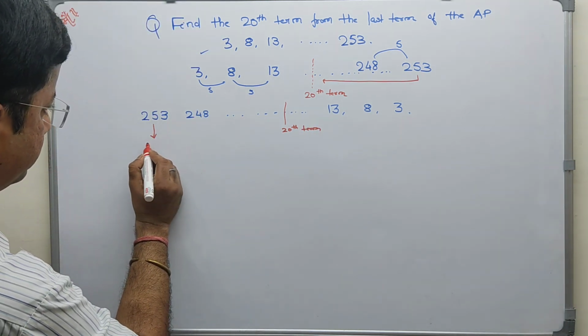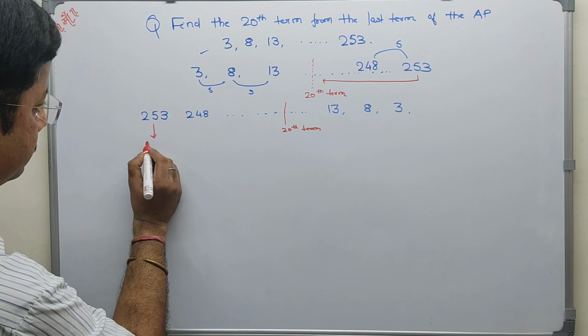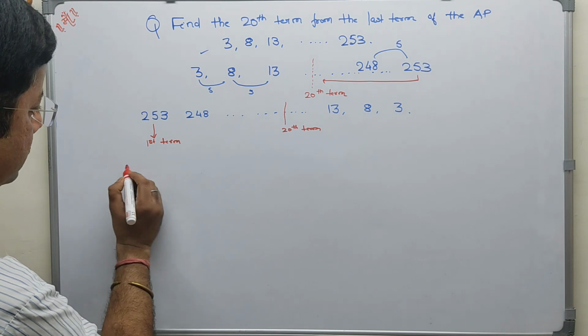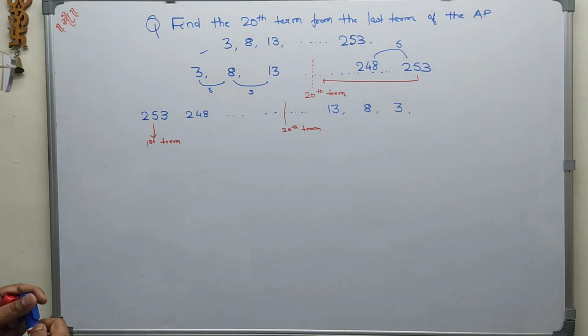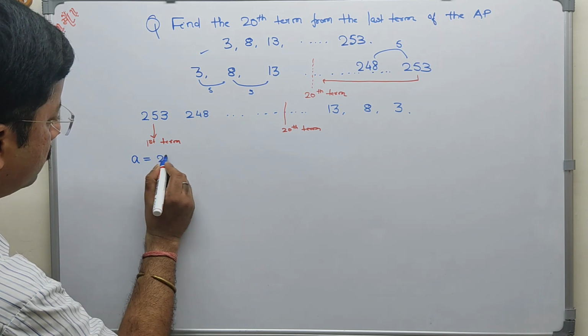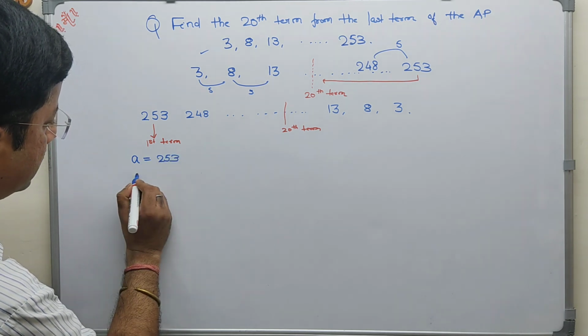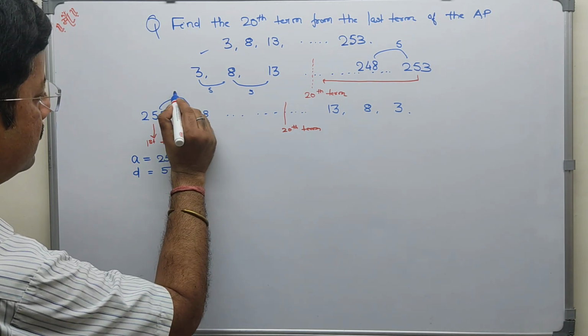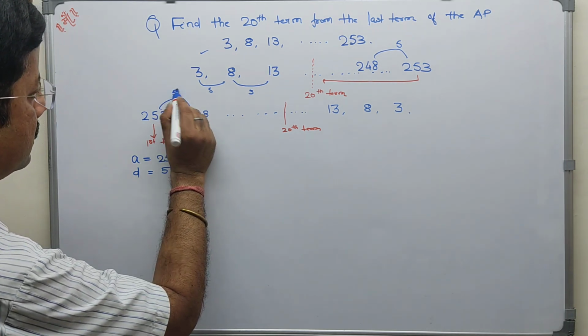This is the first term. Then we will write down here a equals 253, d equals 5, because the difference between two terms is 5.